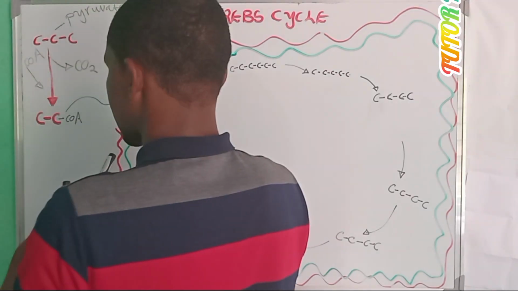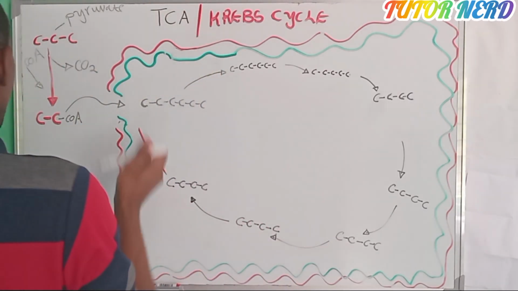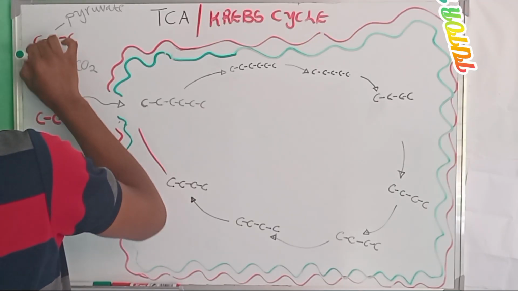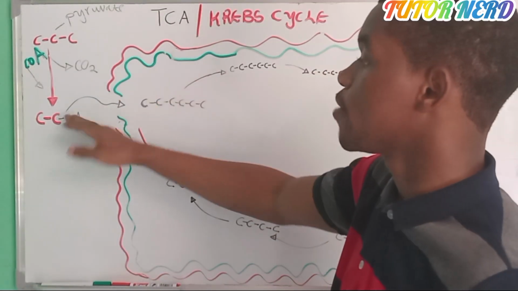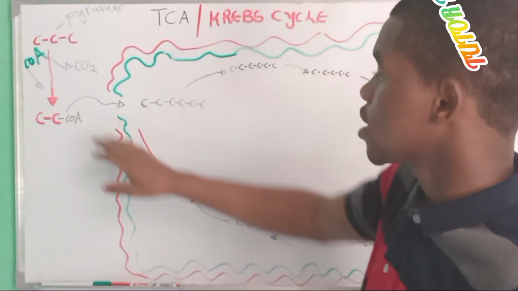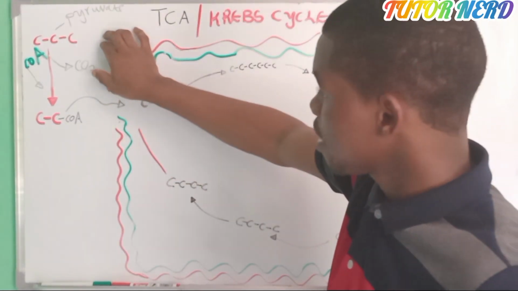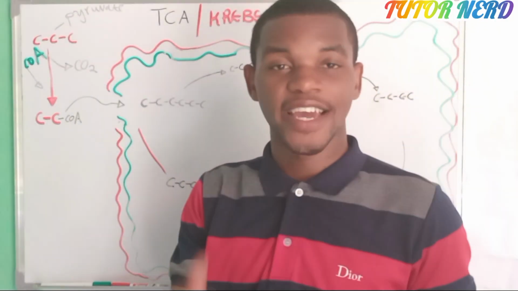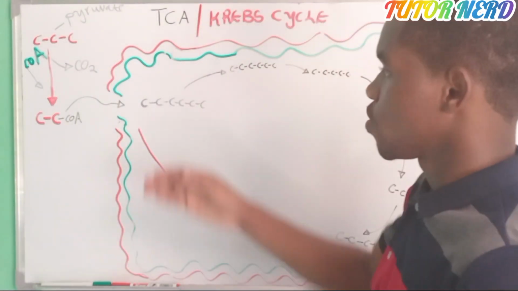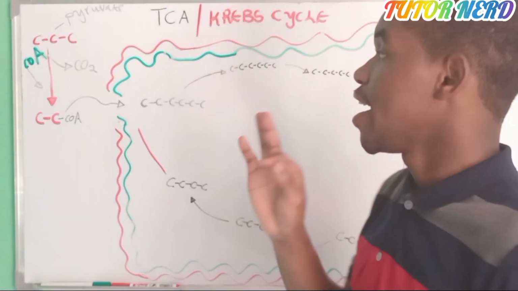So this coenzyme A was introduced in the reaction of the pyruvate, so that we produce acetyl CoA. The enzyme used here is called the pyruvate dehydrogenase complex, because it is composed of 3 different enzymes.